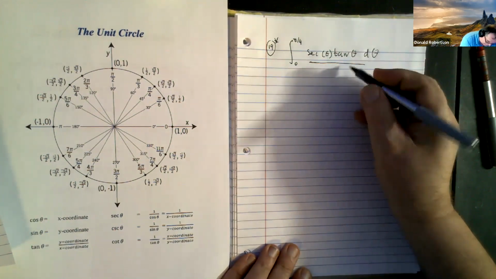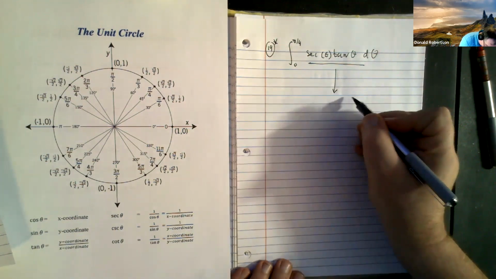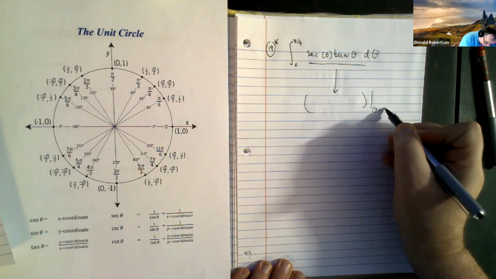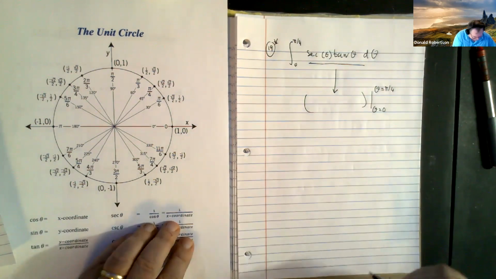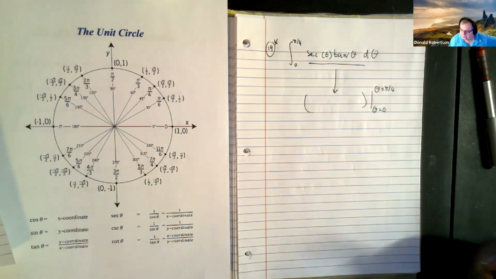Now that expression, as ugly as it is, actually does have an antiderivative. Before I flip this over and show you, can you tell me what is the antiderivative of secant tan?